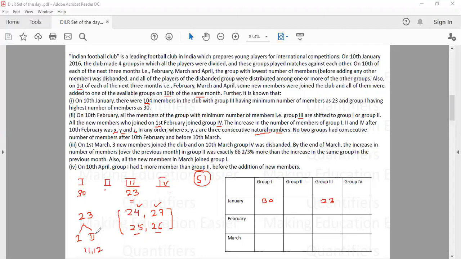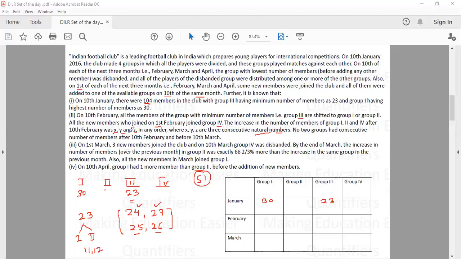So 23 will be distributed among group 1 and group 2 as 11 members and 12 members, but we do not know whether group 1 is adding 11 members, or group 2 is adding 11 members, right? That is not clear up to this point, but one thing is very much clear, that the number is 11 or 12.